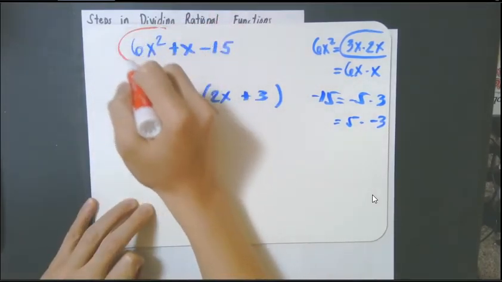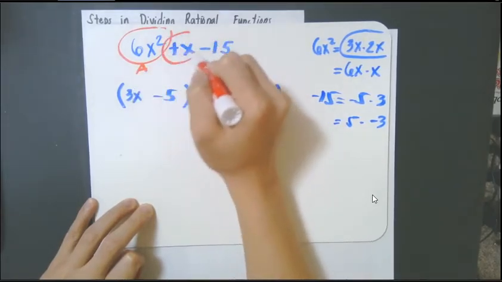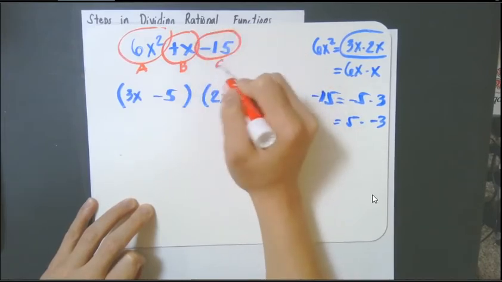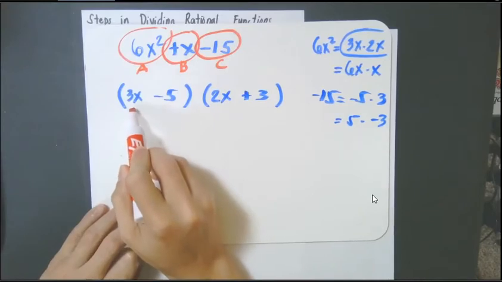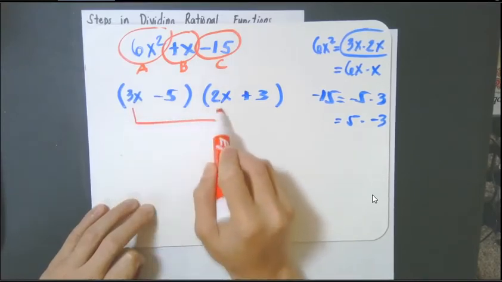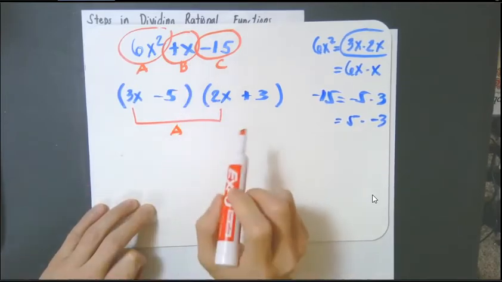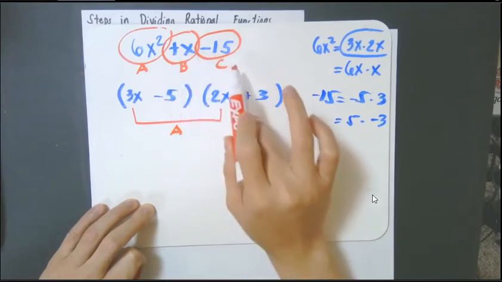That is your part A, that is your part B, and that is your part C. To check your part A, you need to multiply these two. That's how to check your part A. To check your part B, you need to do part C first.